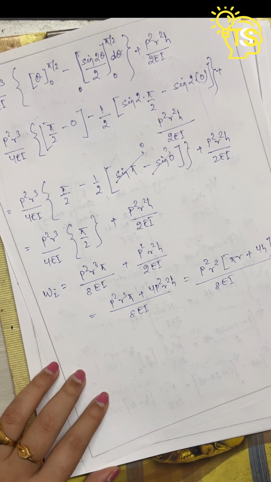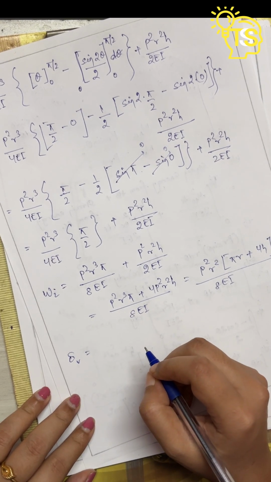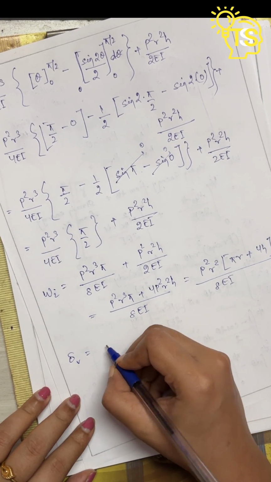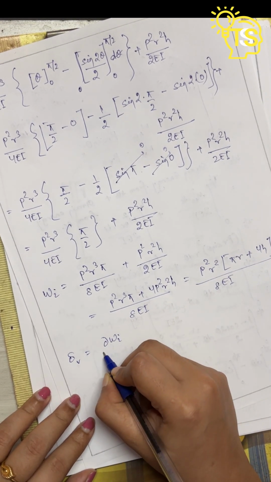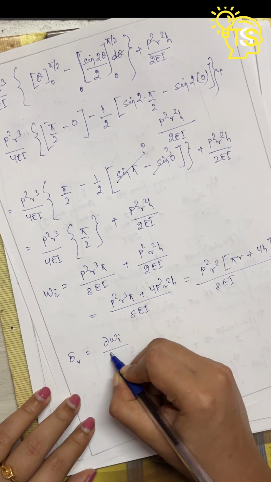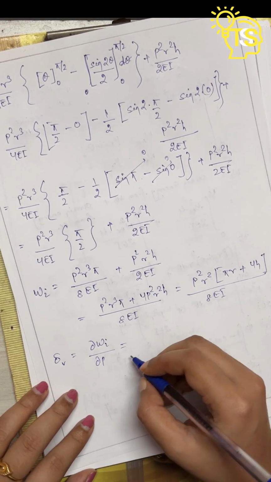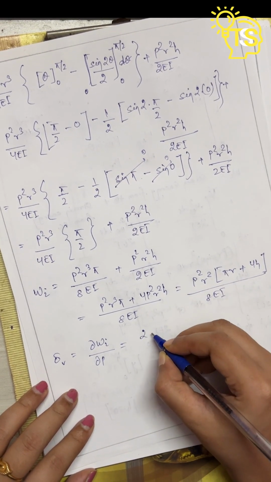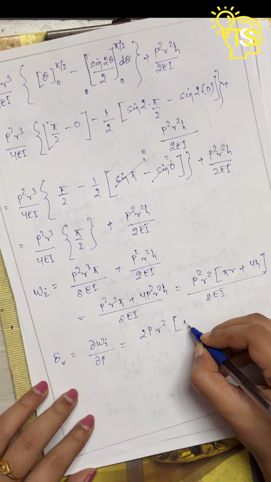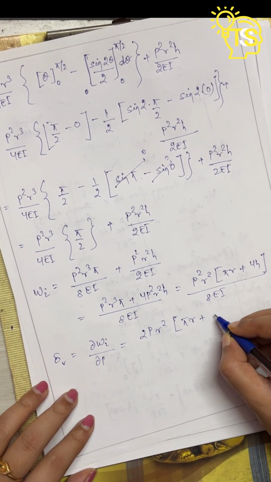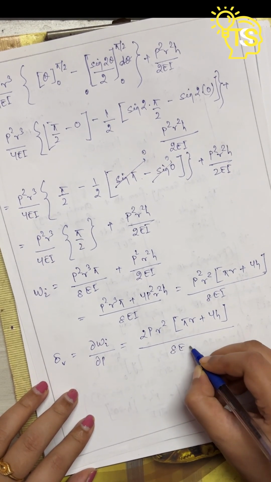Now let's calculate the vertical deflection. The formula of vertical deflection is the partial derivative of strain energy, that is del Wi upon del P. So by partial differentiation, we will get 2 into P r squared (pi r plus 4h) upon 8EI.